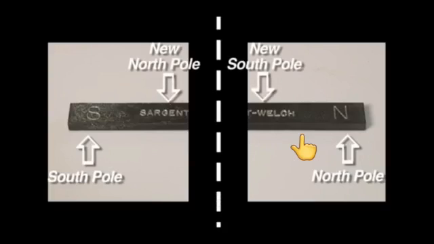The new, smaller magnet would have north and south poles just like the original magnet that you cut in half. Breaking it into smaller and smaller pieces produces smaller and smaller complete magnets. This is the theory of magnetism.